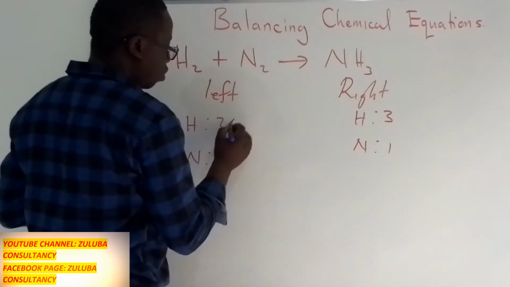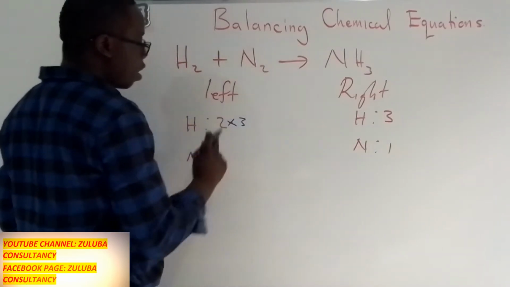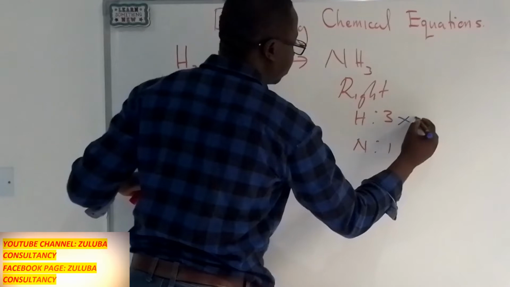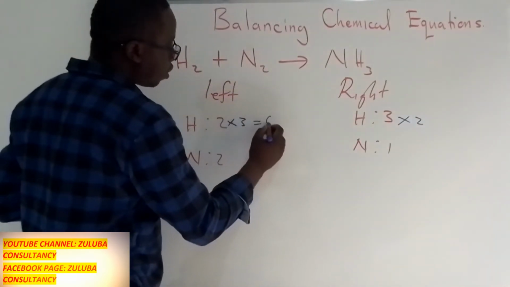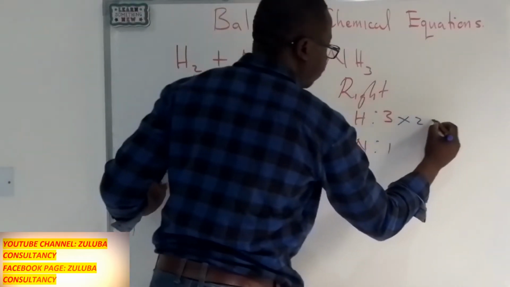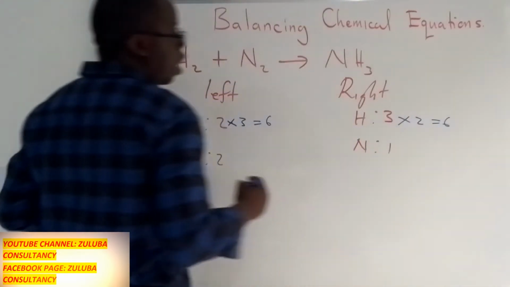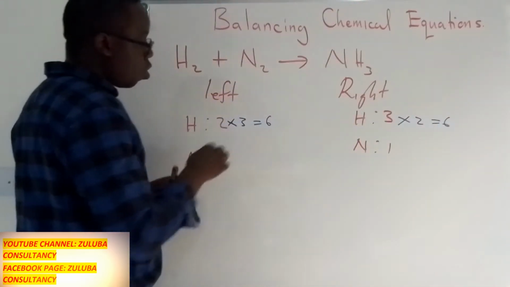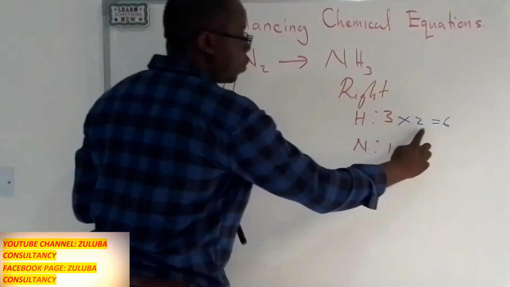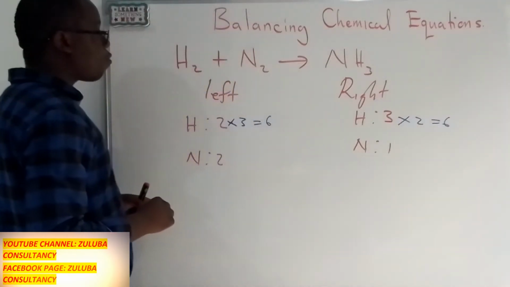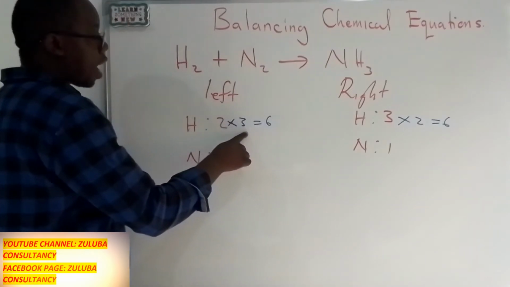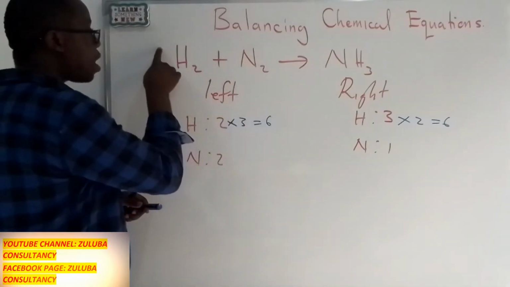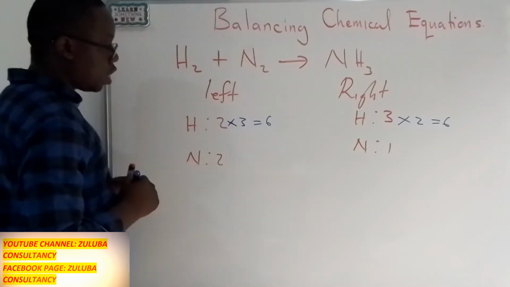These 3, you multiply it here, then these 2, you multiply it here. What do you get? You have 6. You also have 6. Now, what does this mean? These values you have used as the multiplying factors tentatively become the numbers you put on the main equation.